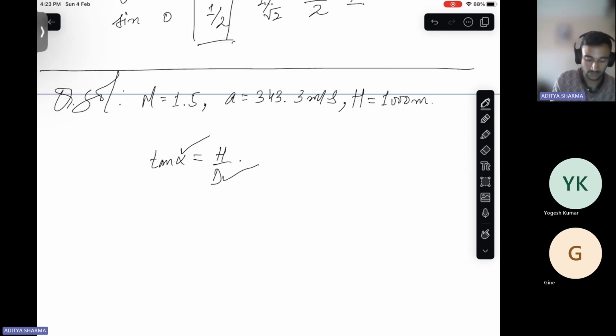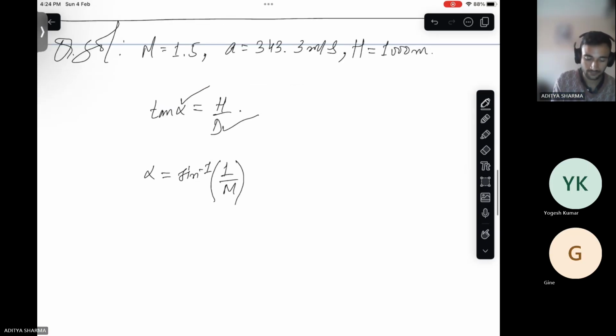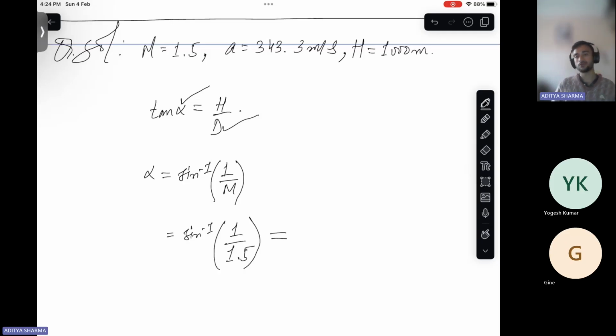So we'll use this expression for the Mach cone angle, sine inverse of 1 by M. Sine inverse of 1 by 1.5. Now please use your calculators and let me know what this value is. 41.8.